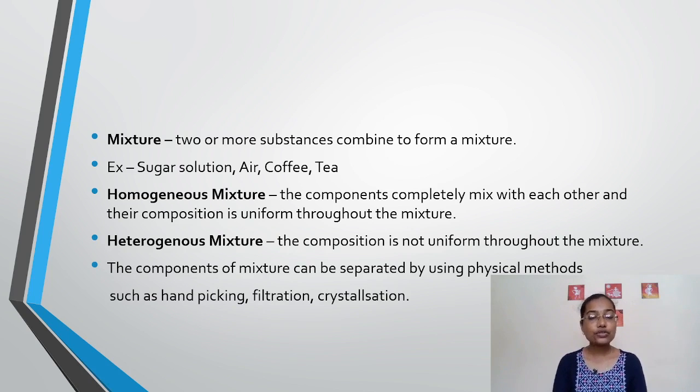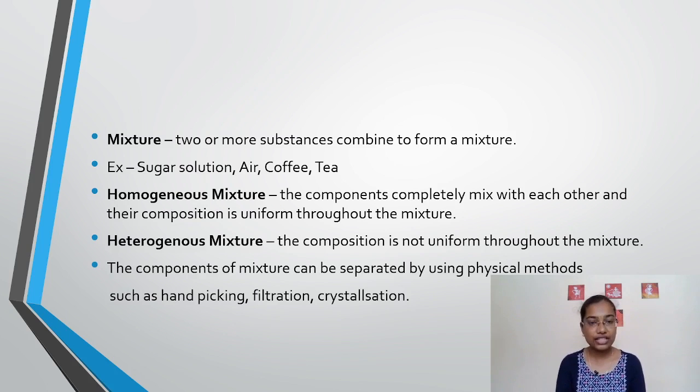For example, in sugar solution, sugar is completely mixed with the water. We cannot separate the sugar and water easily, right? And the concentration of sugar is uniform throughout the mixture. In water, sugar is dissolved uniformly. This is how homogeneous mixtures form.